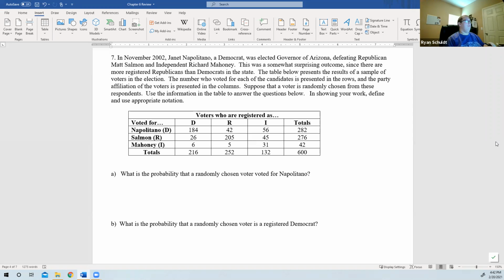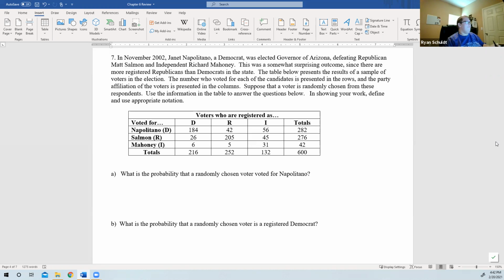I'm not going to read all that problem. They give us data. You can read it. I'm just not going to read it for the purposes of the video. Okay, now I will explain the table. So the table across the top, these are voters who are registered as Democrat, Republican, or Independent.